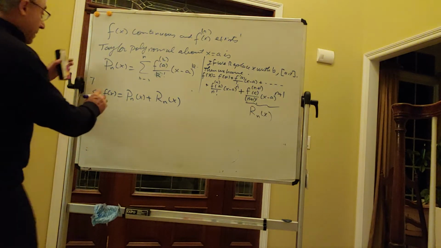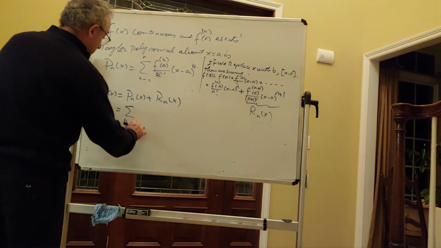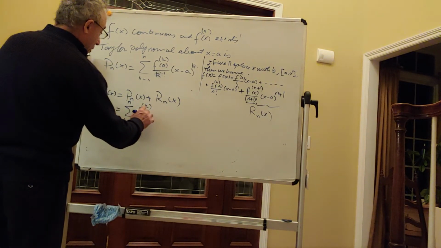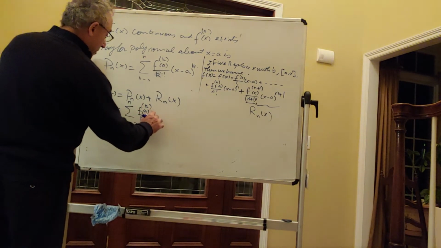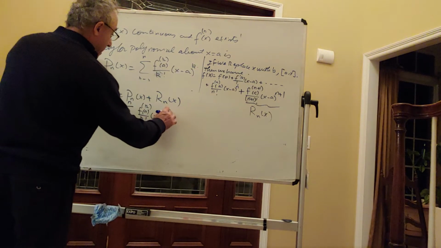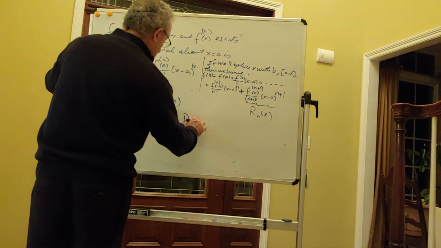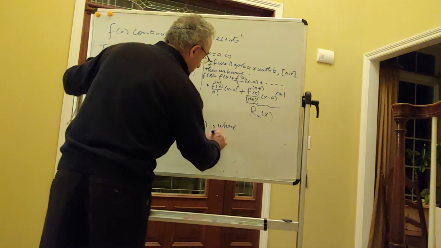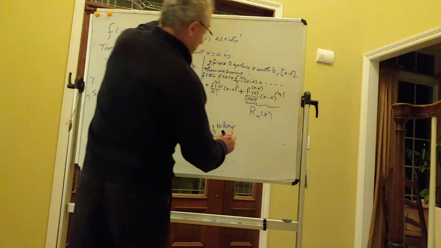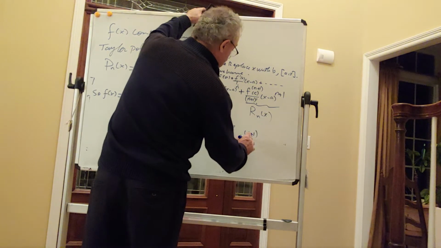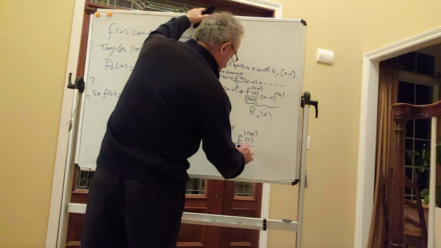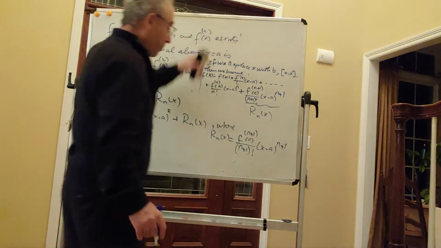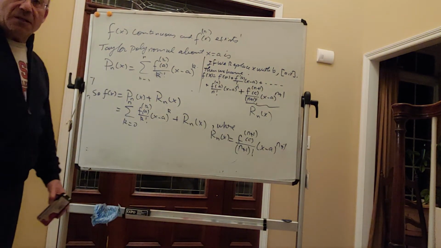Okay? So that is the sum from k equals 0 to n of f^(k) of a over k factorial (x minus a) to the power k plus R_n of x, where R_n of x equals f^(n+1) of c over (n plus 1) factorial times (x minus a) to the power n plus 1.